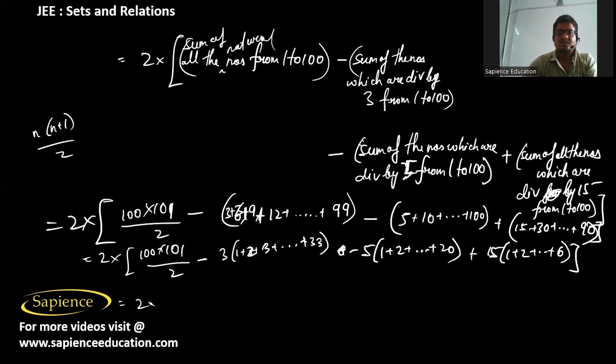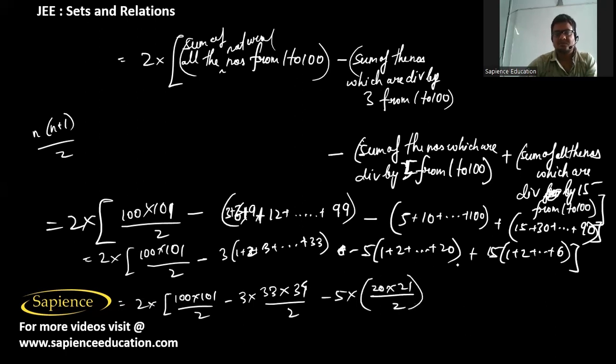So this will be 2 into 100 into 101 by 2, minus 3 into 33 into 34 by 2, minus 5 into 20 into 21 by 2, plus 15 into 6 into 7 by 2.